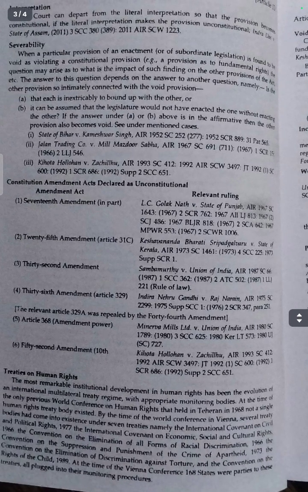Severability. When a particular provision of an enactment is found to be void or in violation of a constitutional provision, such as a fundamental right, the question may arise as to the impact of that finding on the other provisions of the Act.